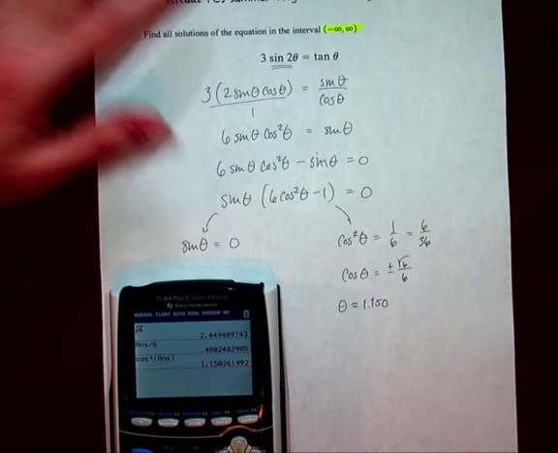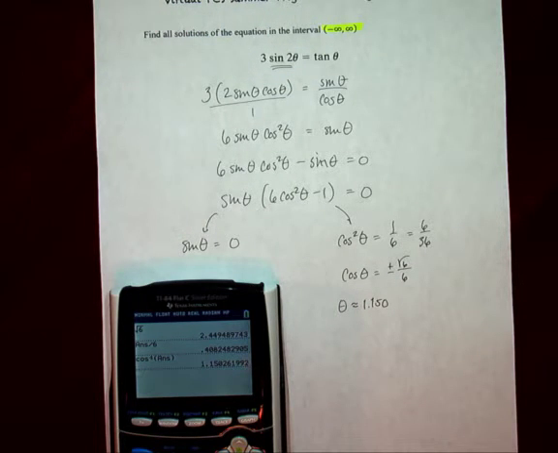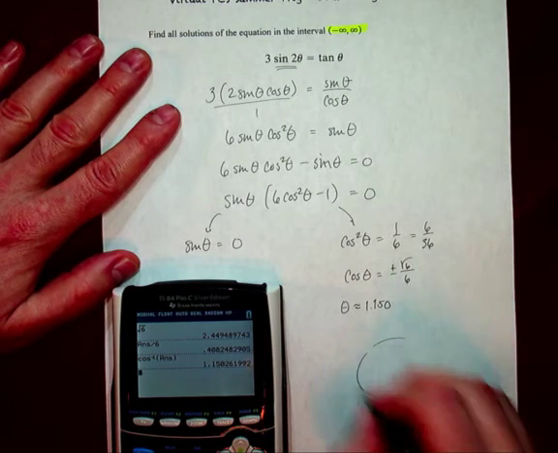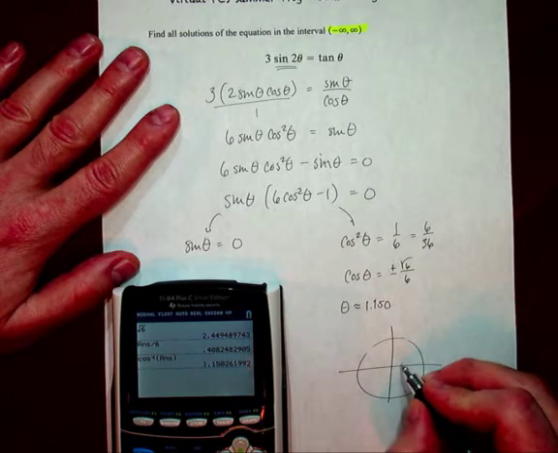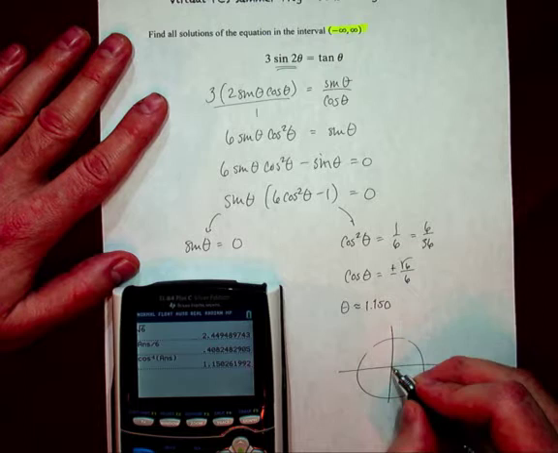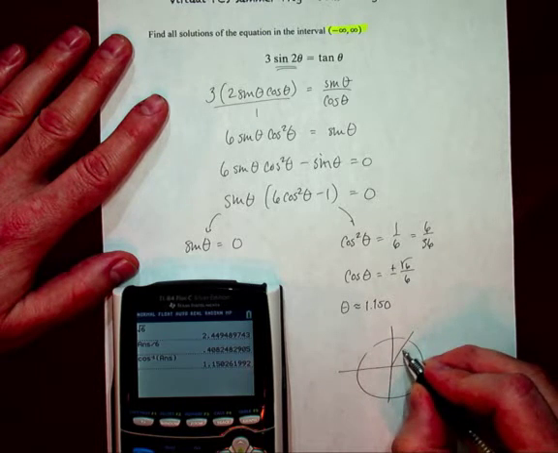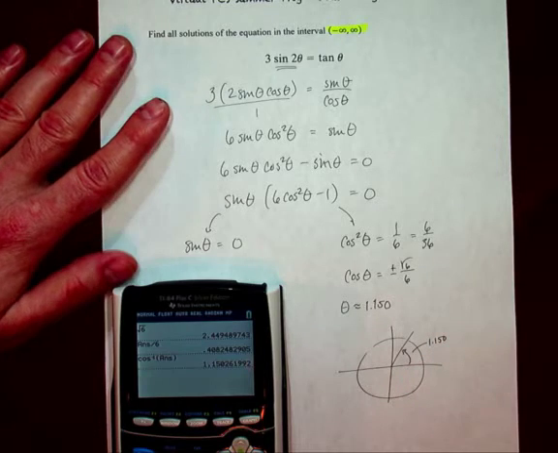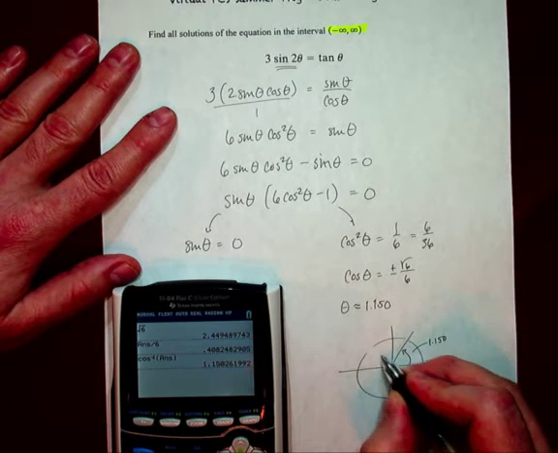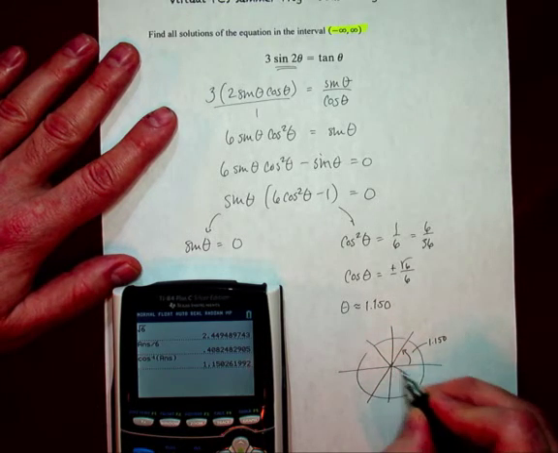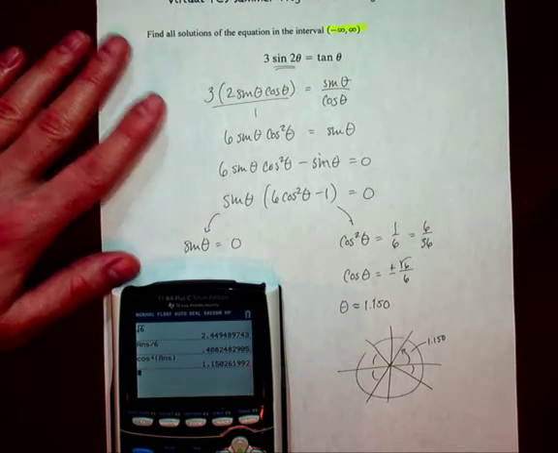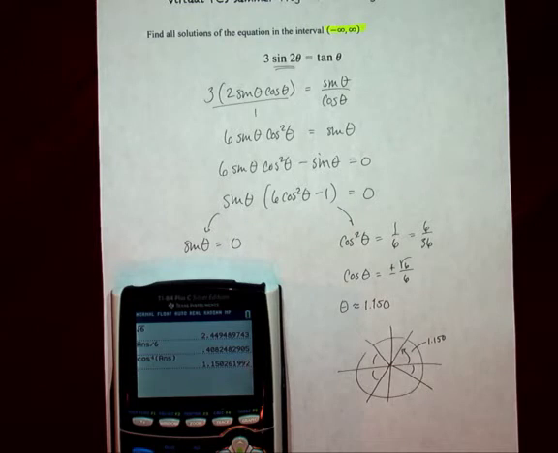1.150. Now that means that if we think about it in terms of the unit circle, this is 1.5, it's kind of up here, and right there is 1.150 radians. But I also need this one, and this one, but they all have that same reference angle, so you just have to relate them to pi and 2 pi.